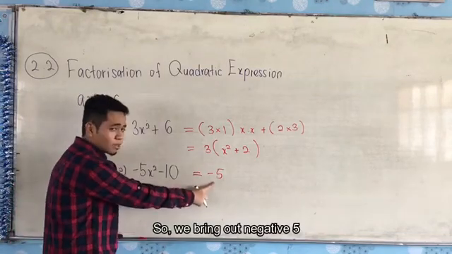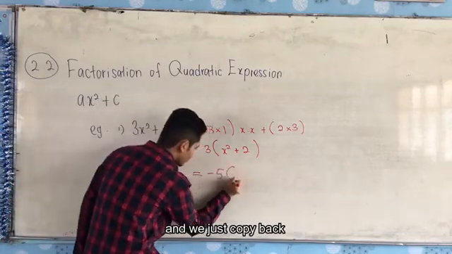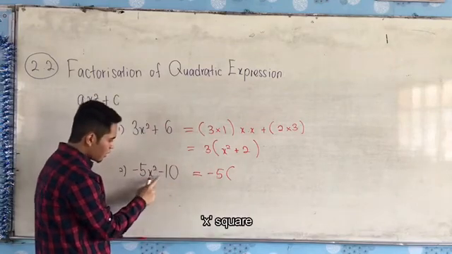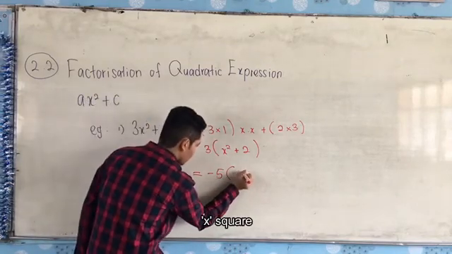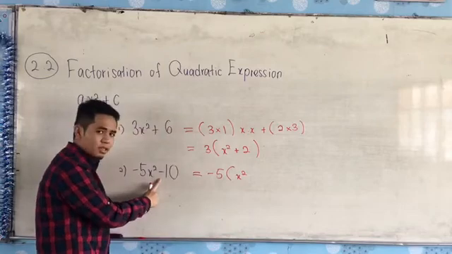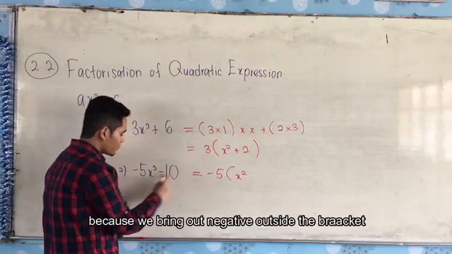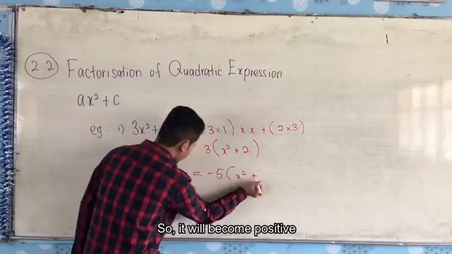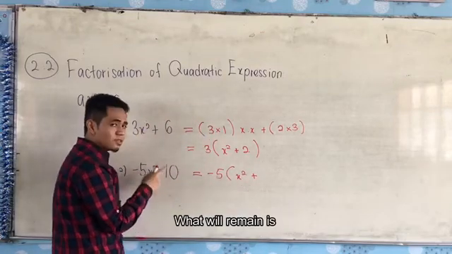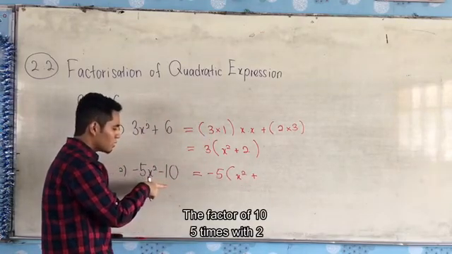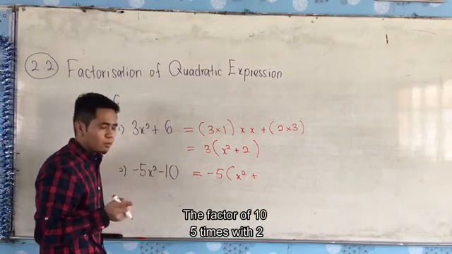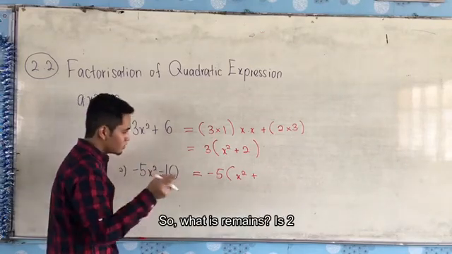So we bring out negative 5 and we just copy back x squared. Negative will become positive because we bring out the negative outside the bracket. So it will become positive. What remains is the factor of 10, 5 times 2. So what remains is 2.